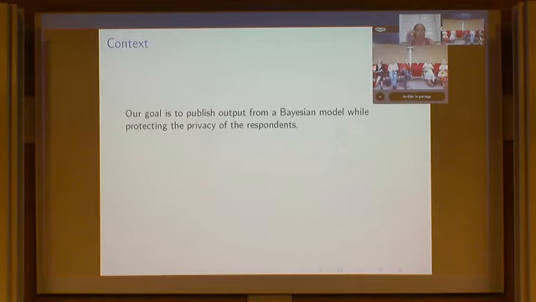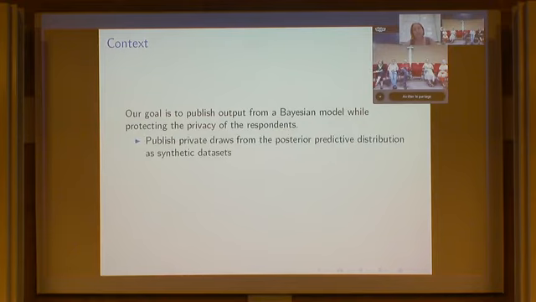So just the general context is, imagine we're trying to publish some output from a Bayesian model, but we want to protect the privacy of the respondents. And there's two main ideas of what that could be like. The first one is the one that I started thinking about, which would be to publish private draws from the posterior predictive distribution as synthetic data sets.